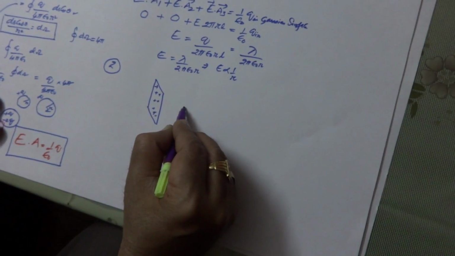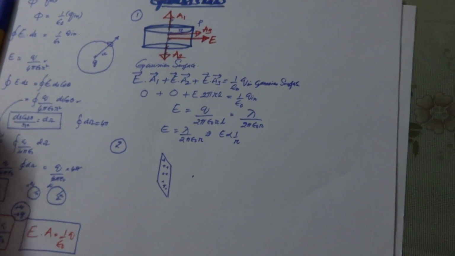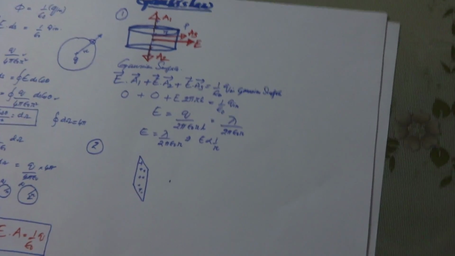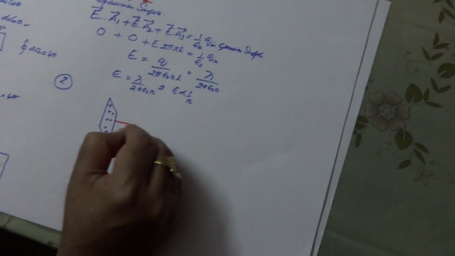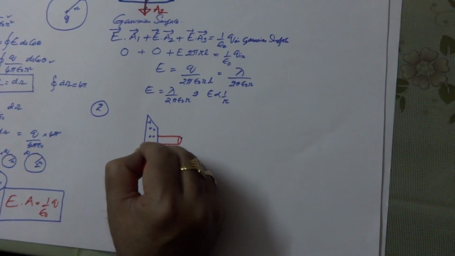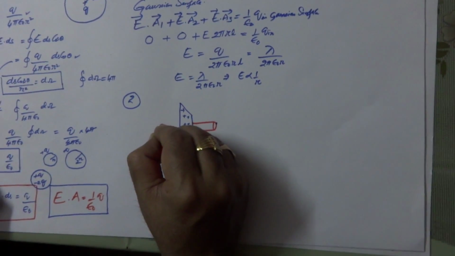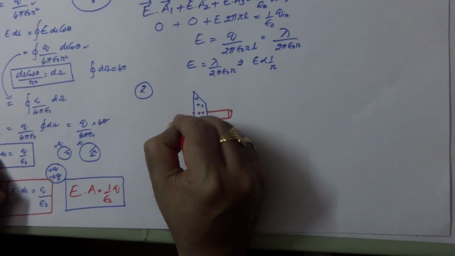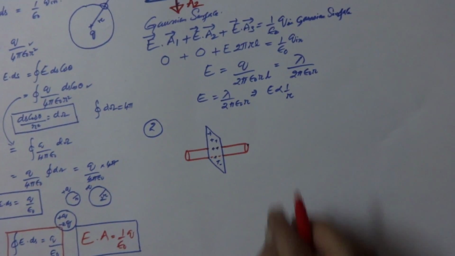Now at this point somebody is interested to calculate the electric field. Then the Gaussian surface is again a cylinder. Now this cylinder must also cover the point of interest and it should be pierced through.